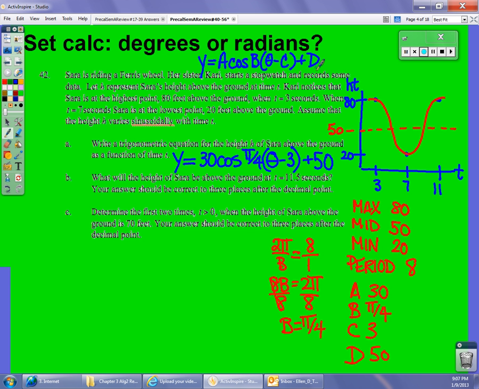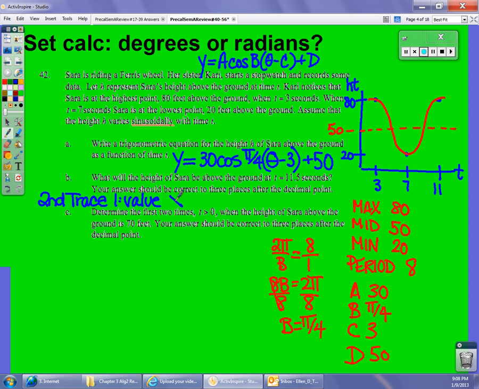Now let's answer B and C. What will the height of Sarah be above the ground at t equals 11.5 seconds? This one isn't easy to look up in our data table unless we change the table values and go by 0.5s. That's something that you can do in second table set. The other alternative would be to go to second trace, number 1 value.